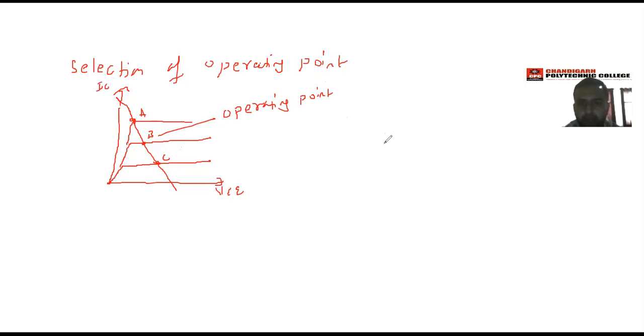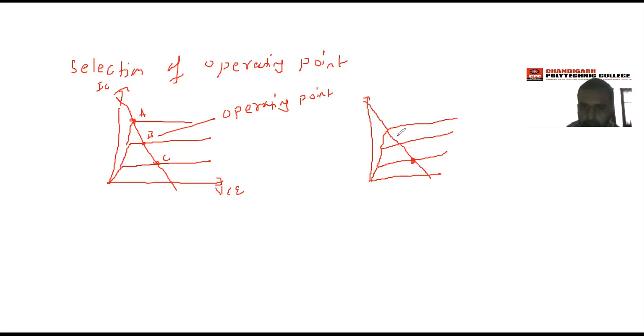First of all, let us consider point C as the operating point. This is the output characteristic and this is the DC load line.